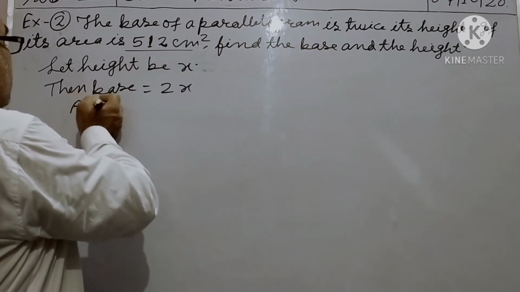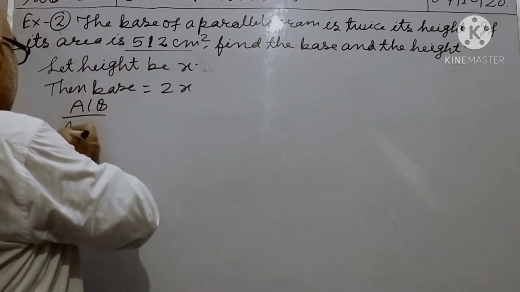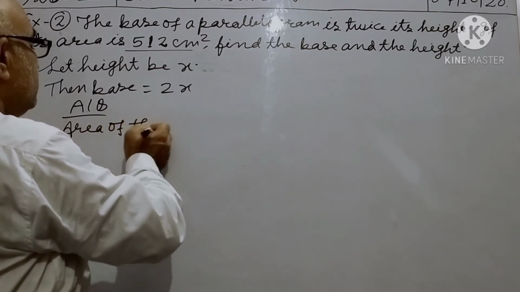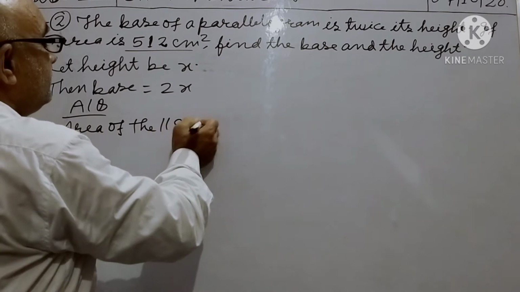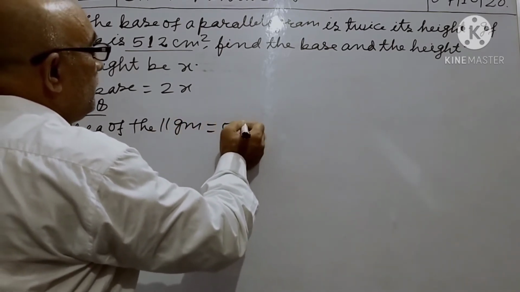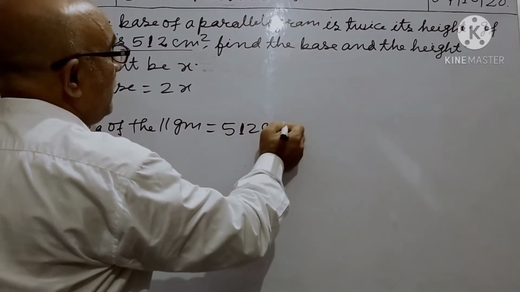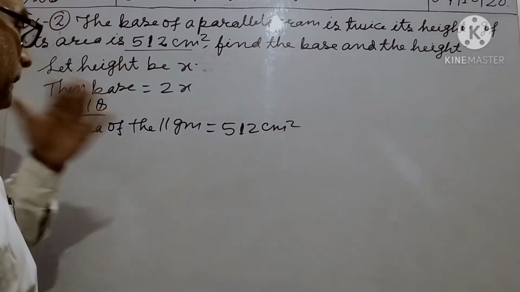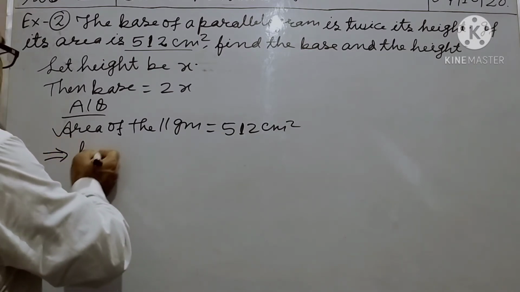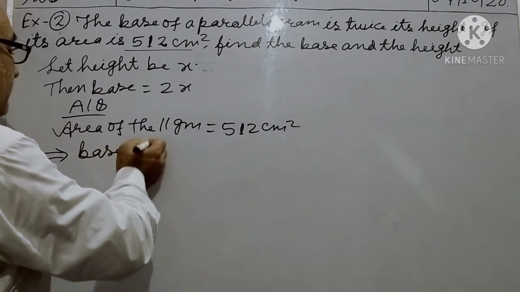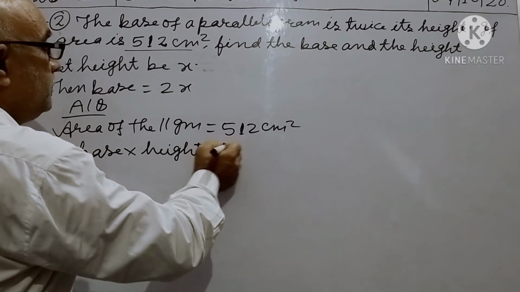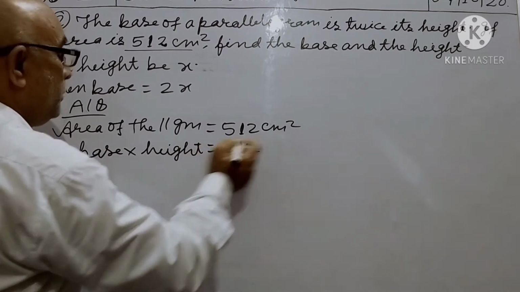According to the question, area of the parallelogram equal to 512 cm square. The formula is base into height equal to 512.